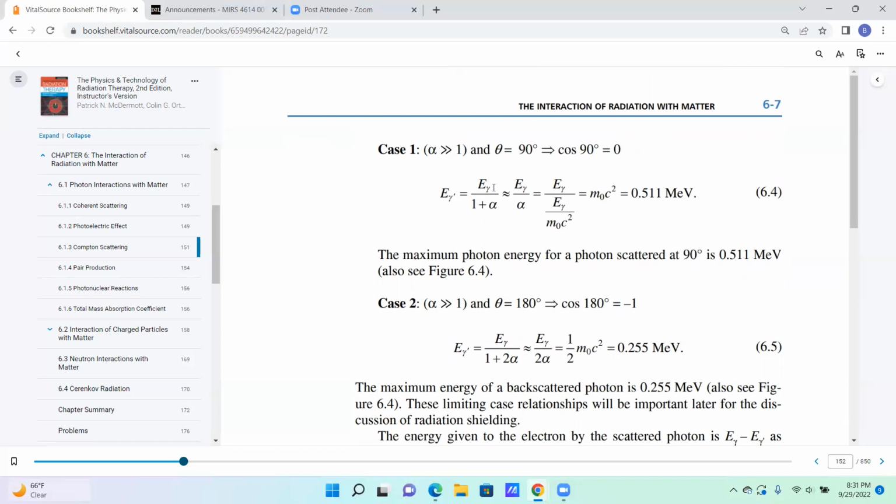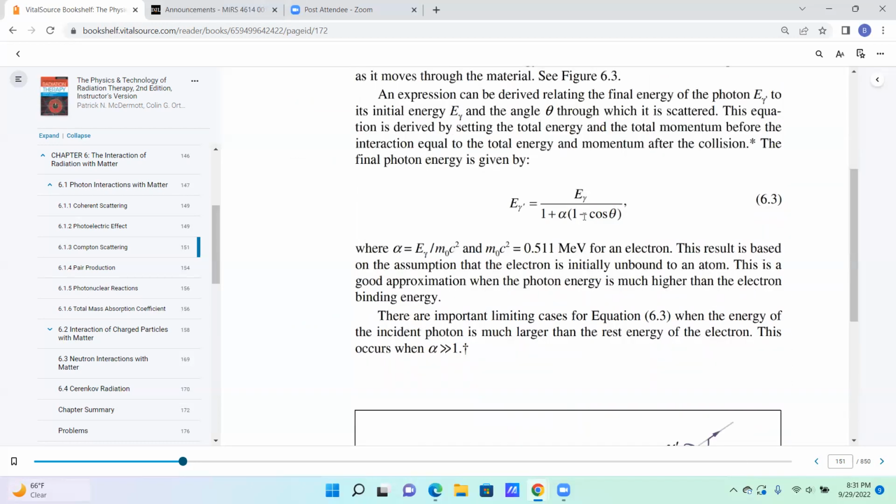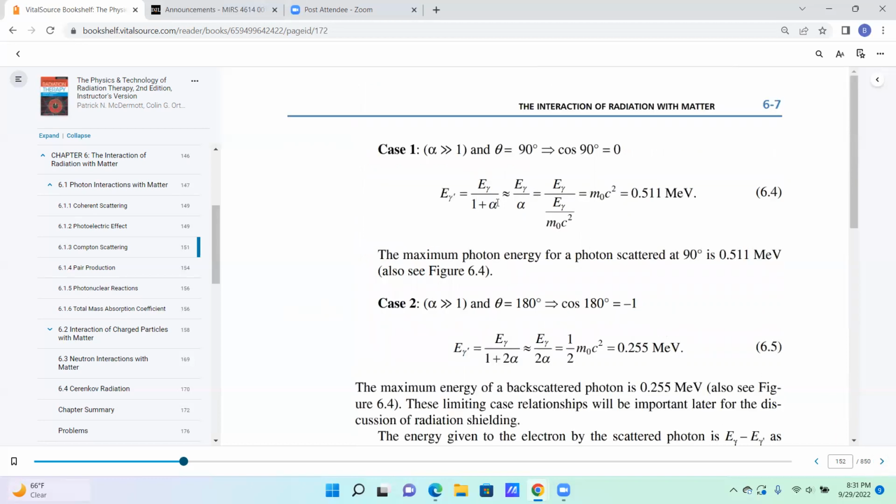When that is the case, that part of the formula disappears. You end up with this: adding 1 to that is really not going to change things much. So it's roughly equal to the initial energy divided by alpha. We know what alpha is, so we put it in there. It becomes this, and this becomes the new energy of the new photon.